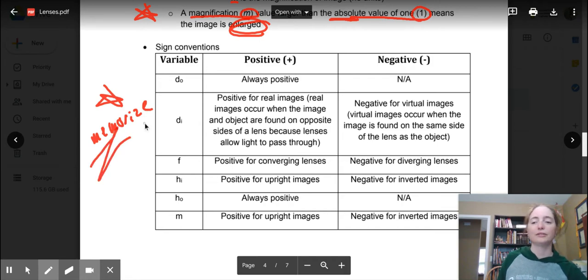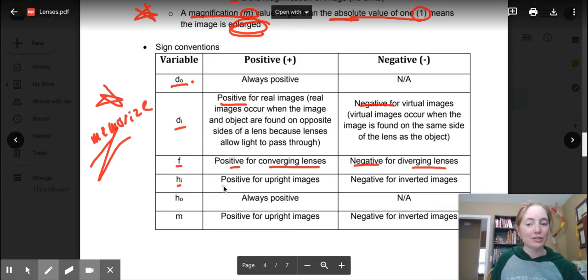Okay, now whether these numbers are going to be positive or negative is going to mean something different. do, so the distance of the object, is always positive. di, positive for real images, negative for virtual images. f, positive for converging, negative for diverging.